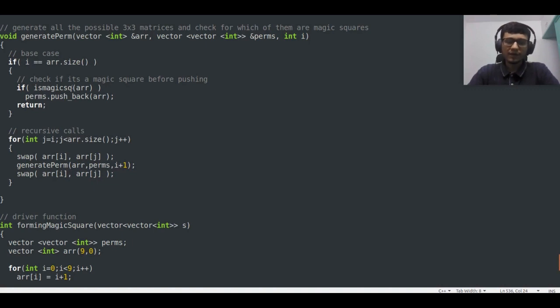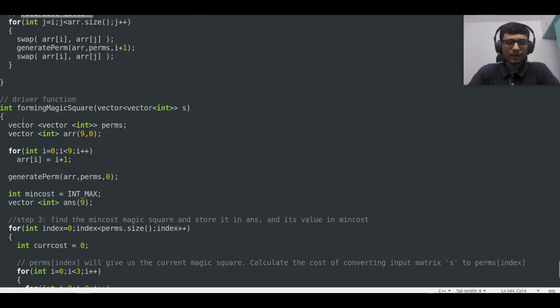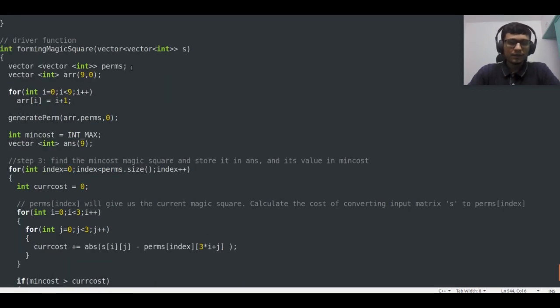Okay, so we saw how to write the isMagicSquare function and how it fits inside the base case, and we also saw how the recursive calls are made here. Now let us move forward and see how the main function is written, that is, how the function formingMagicSquare is written. Inside this function, as you can see, we have declared a vector of vectors, which is perms, and which will hold all the 3x3 matrices which are forming magic squares.